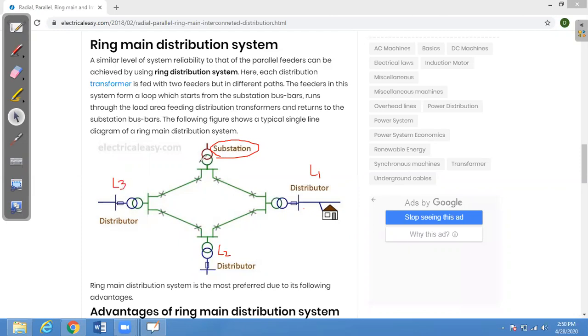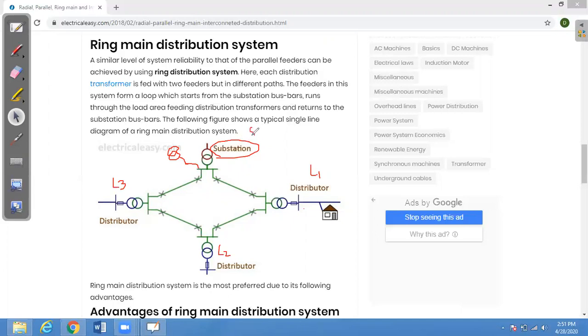Now, to counter this blackout, we use the interconnected feeder distribution system. Now, the interconnected feeder distribution system is that we use two substations working in parallel to each other.